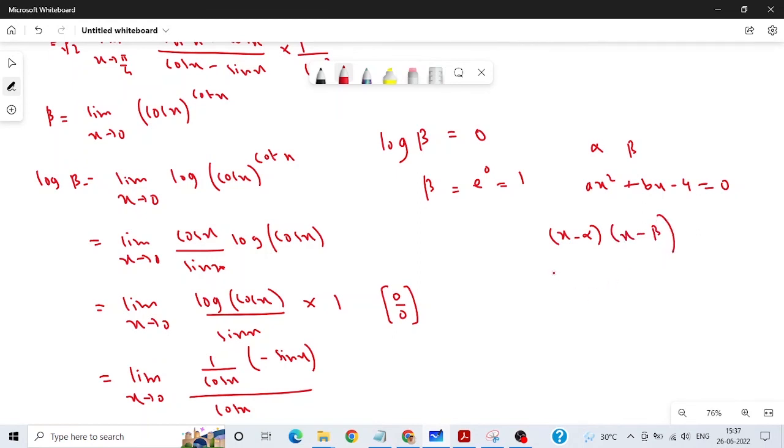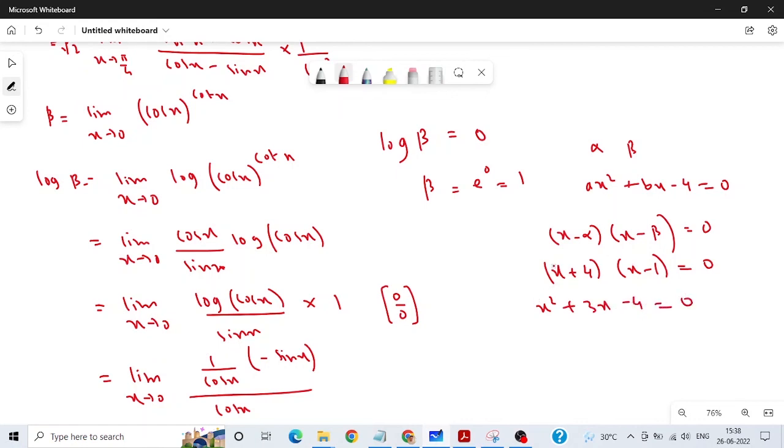So it's going to be x minus of minus 4, so x plus 4, into x minus 1, equals 0. This is the quadratic equation which has roots alpha and beta. So then we get x square minus x plus 4x, so it's going to be x square plus 3x minus 4 equals 0.